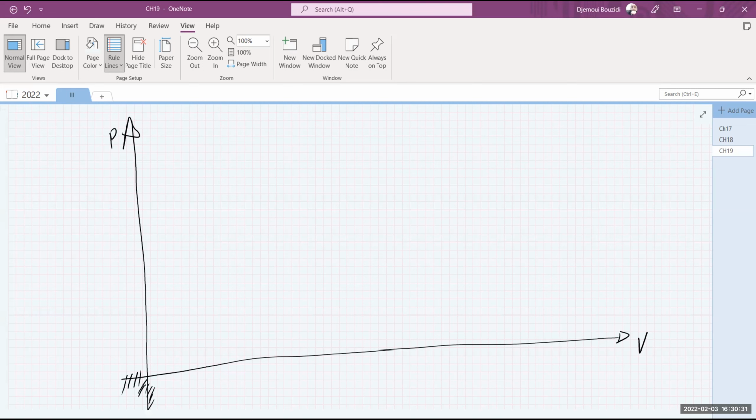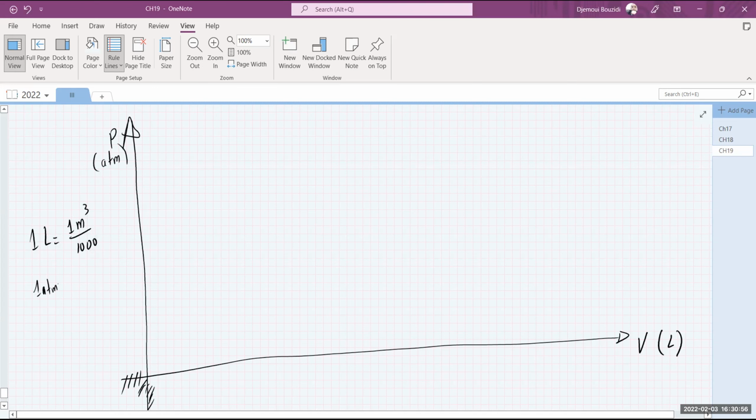Typically, in typical problems, you will find volume is actually in liters, okay? The pressure is in atmospheres. So if that's the case, you have to be very careful with your units, because 1 liter is 1 cubic meter divided by 1,000, okay? And also 1 atmosphere is 101,000 pascals.